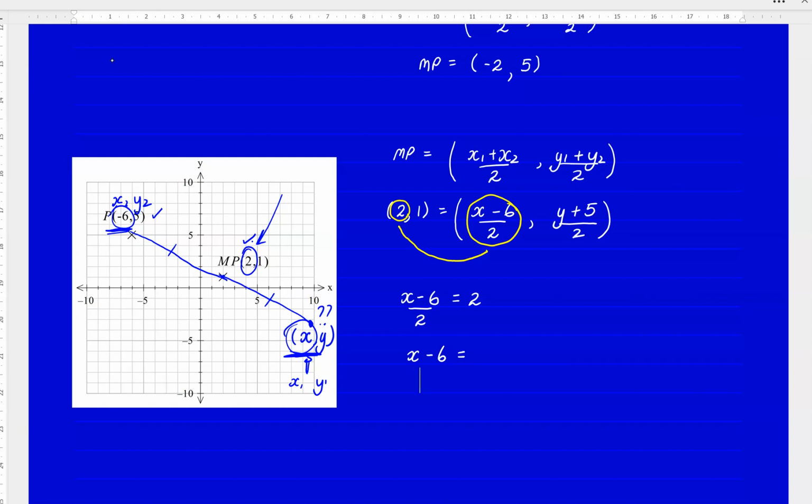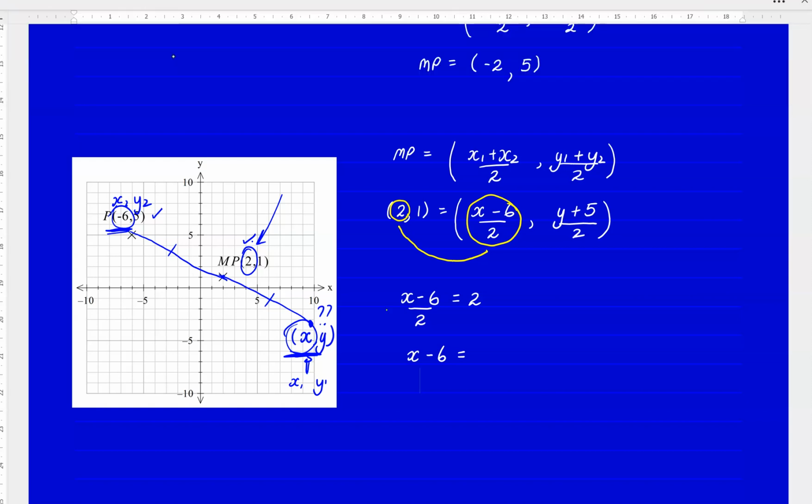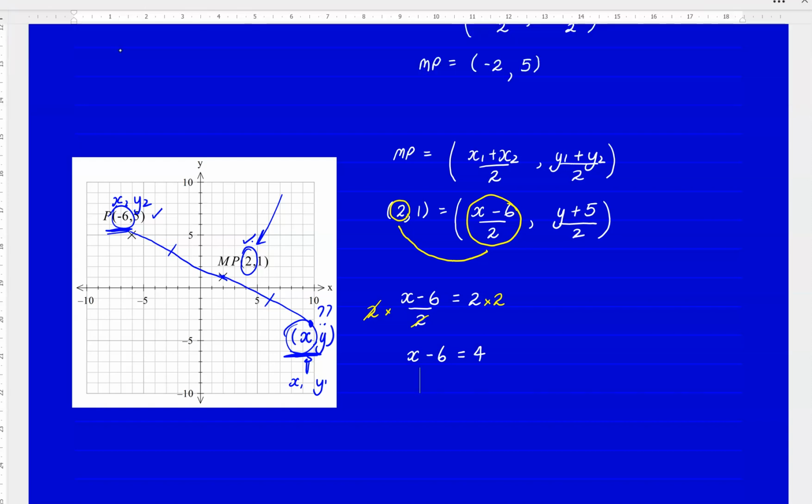So to get rid of a divide by 2, a little bit of algebra here sneaking in, I have to times 2, because that's going to make that disappear. But what I do to one side, I must do to the other. So that's how we end up with x take 6 equals 2 times 2 is 4.